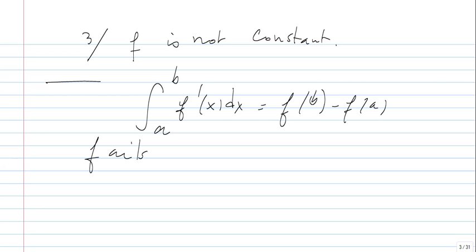Then of course you have the integral over any two numbers a prime, b prime, the derivative is equal to 0, and the integral of the 0 will give us that f of b prime is equal to f of a prime, which means that f is constant. But f is not constant, and therefore this relation will not work.